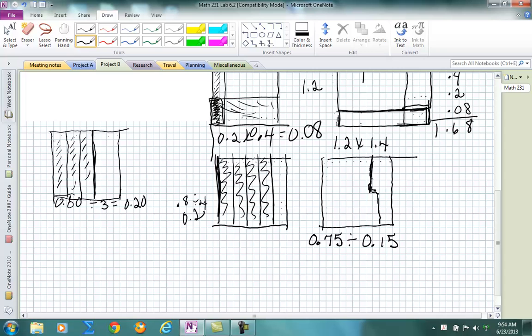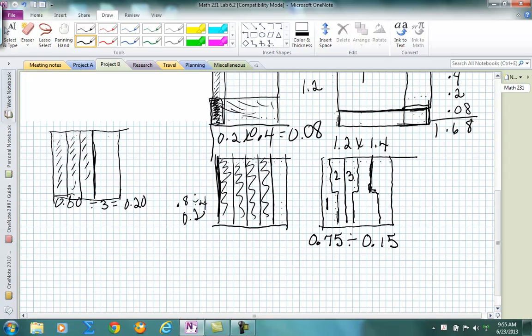So I would have to count 10 and 5. So there's 1. And then I do 10 and 5, so there's 2. And then 10 and 5, so there's 3.